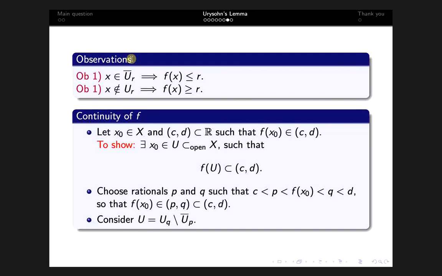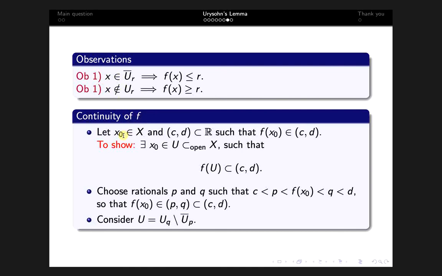Therefore the infimum of Q of x should be less than or equal to R. And similarly, one can say that if x is not in U R, then f of x is greater than or equal to R. So this is observation 1, and this is observation 2. This will be used in the proof of continuity of f.